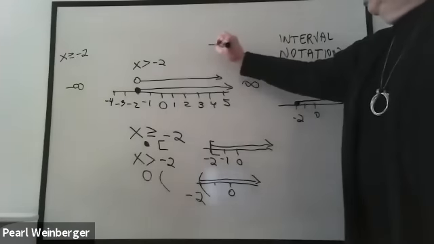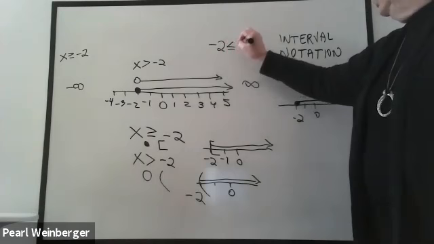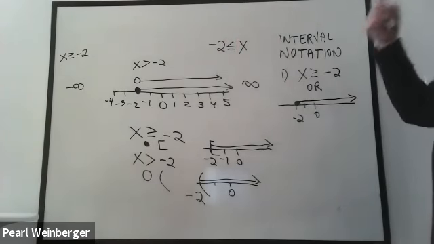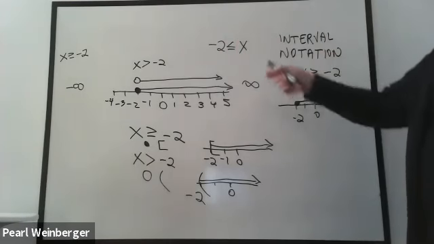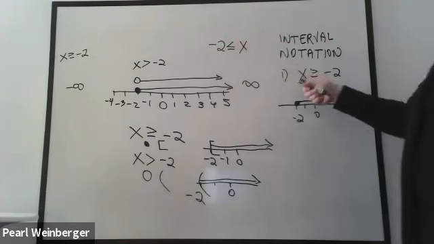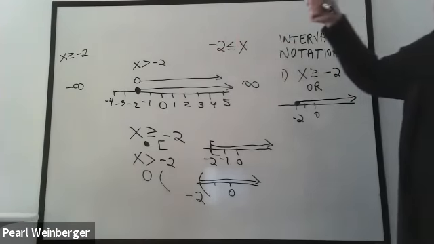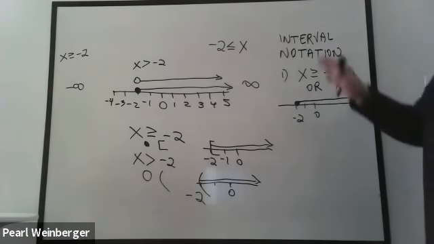There's nothing wrong with saying -2 is less than or equal to x, which is really the equivalent of this. But it doesn't give you a clear picture of what's happening. To say x is greater than or equal to -2 is the same thing as saying that the -2 is less than or equal to the x. It's saying the same thing.